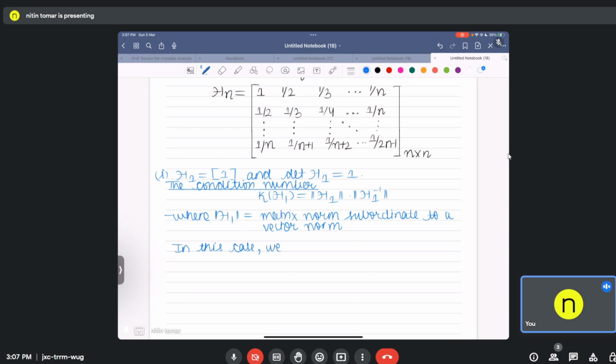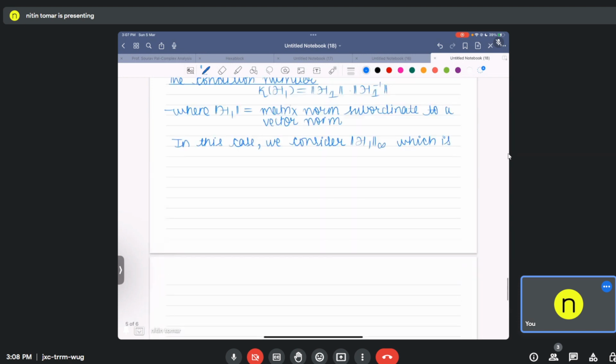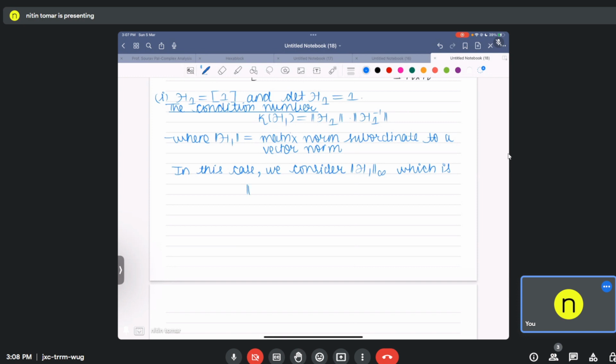In this case, we consider the supremum norm of H1x.